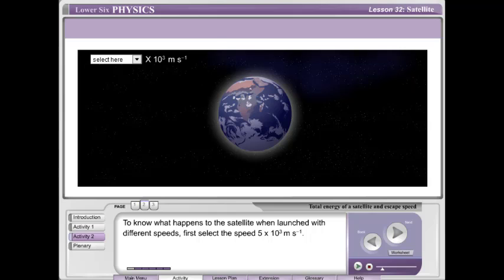To know what happens to the satellite when launched with different speeds, first select the speed 5 times 10 to the power 3 meter per second. The missile crashes to the Earth. Select 7 times 10 to the power 3 meter per second from the drop-down menu and observe again the trajectory of the missile. Is the launching velocity sufficient?